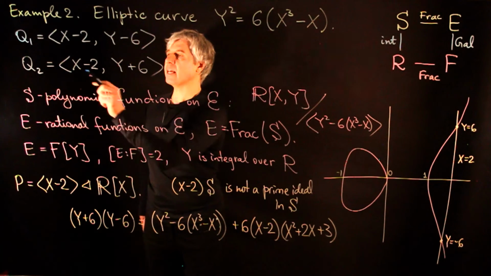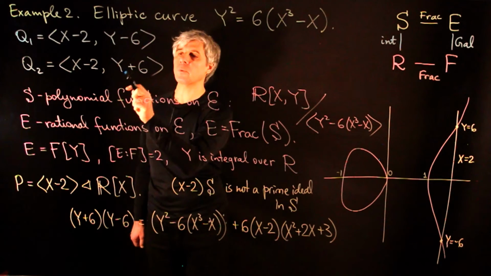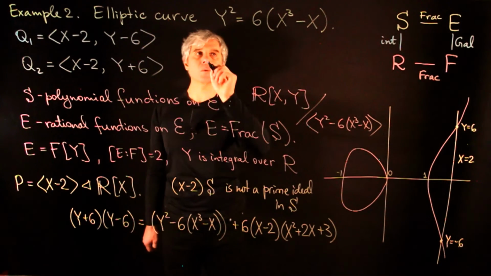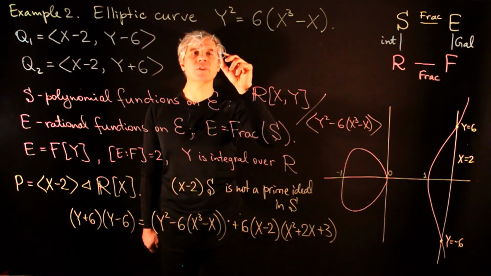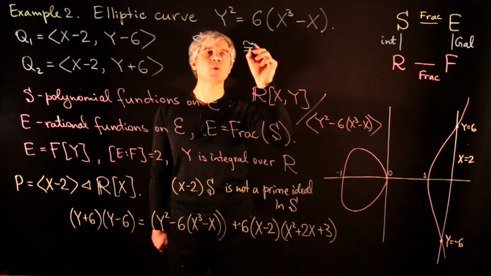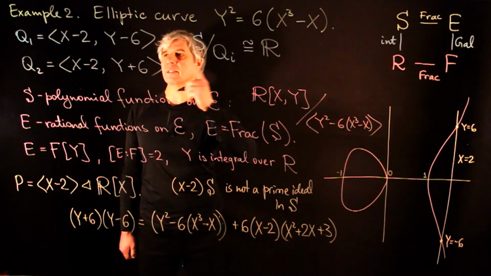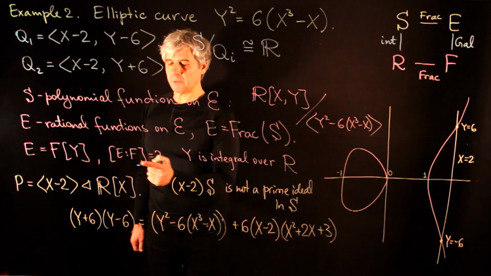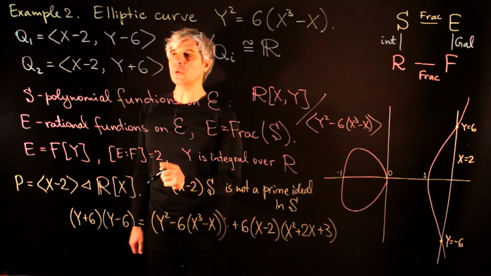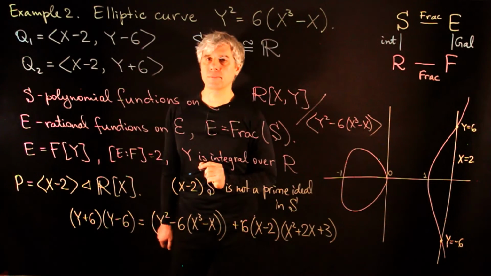And the second ideal corresponds to the point with coordinates x equals 2 and y equals minus 6. So we can see that the quotient of S by each of these ideals is isomorphic to the field of real numbers, which tells us that these ideals are indeed prime. The Galois group of this field extension has order 2, and again we'll interchange these two prime ideals.